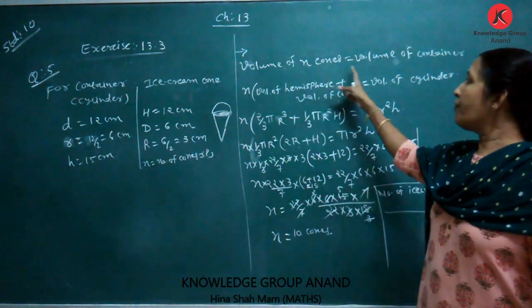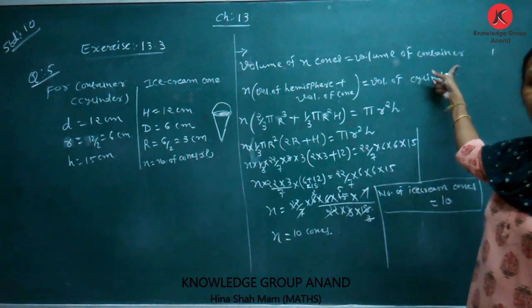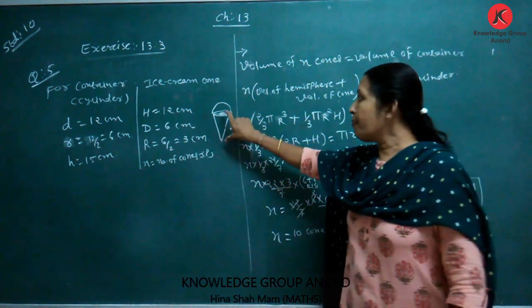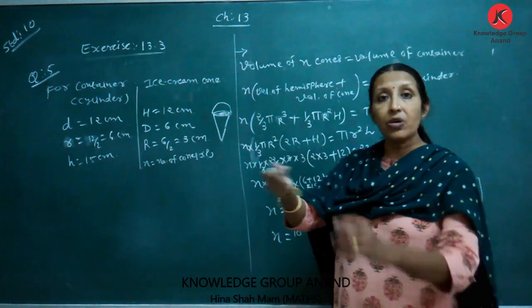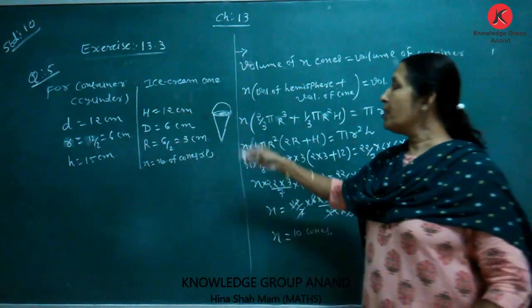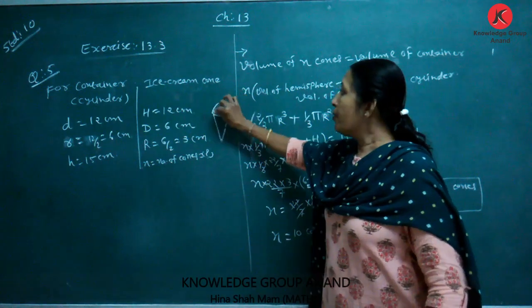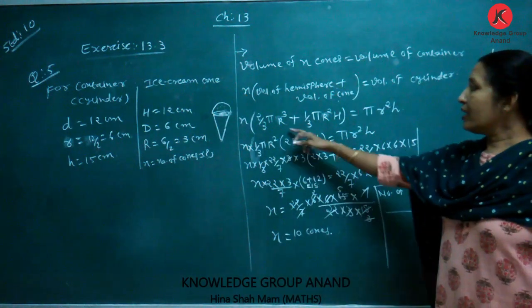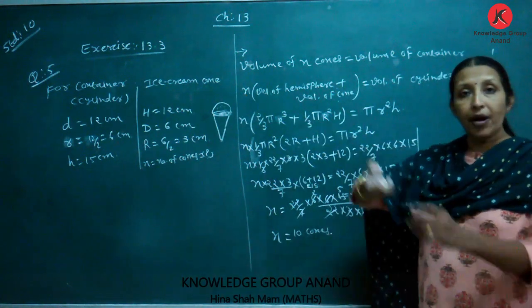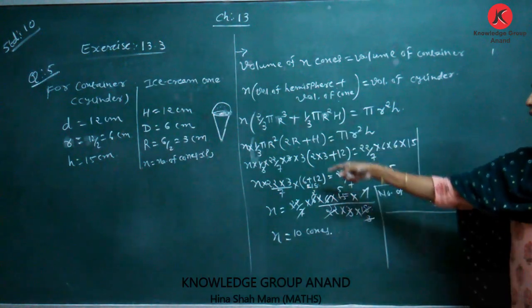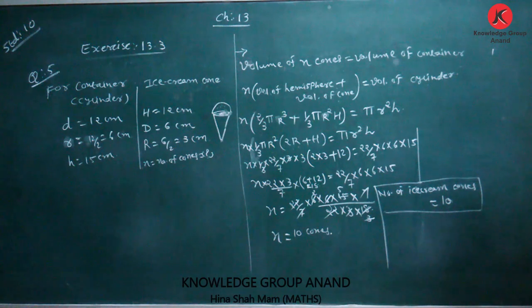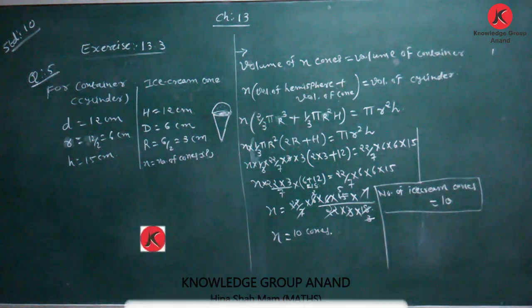Find the volume of n cones is equal to the volume of the container. The cone is the shape of a cone plus hemisphere, because a hemispherical scoop is put on it. Then the ice cream is the shape of one hemisphere. Putting these values and simplifying this question, the number of cones is equal to 10 cones.